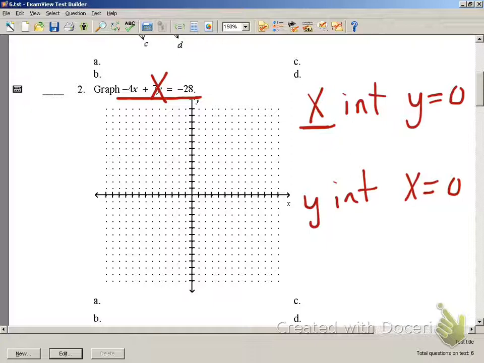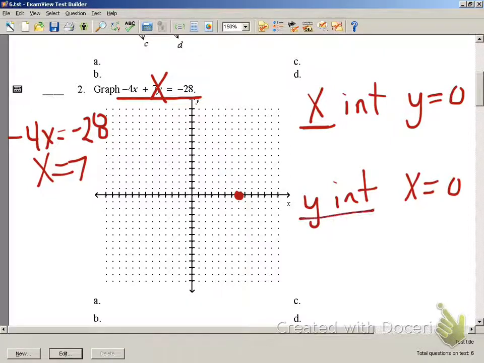Solve what you have left. We have negative 4x equals negative 28. If I solve for x, x equals 7. So on my graph, I'm going to go over 7 places and put a dot at my x-intercept of 7.